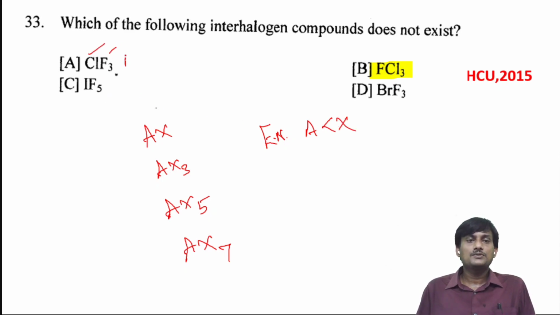ClF3 is AX3 type, and chlorine is less electronegative than fluorine. This one is AX5 type, and the electronegativity of iodine is less than fluorine. BrF3 is also AX3 type. If you take this one, AX3, but A is more electronegative than X, so this is not possible.